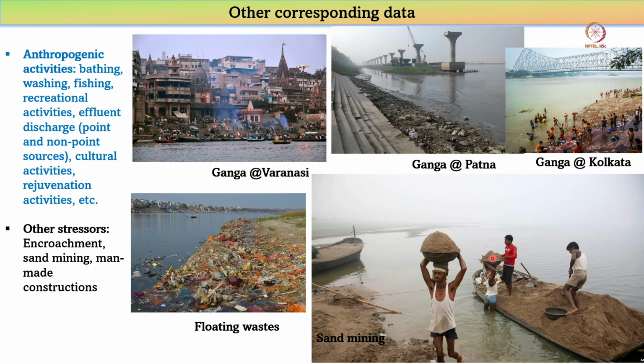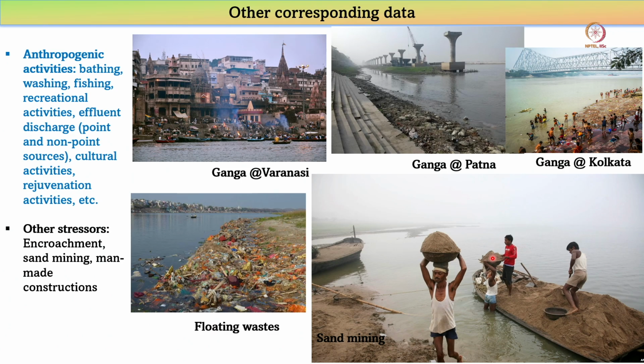religious, ritualistic activities going on on the banks of the rivers, and they are not acting as stressors, but they can act as a pathway. You may think that you are not adding any pollution, but when you see the collective output of it, you will see, oh my god, so much is going on.